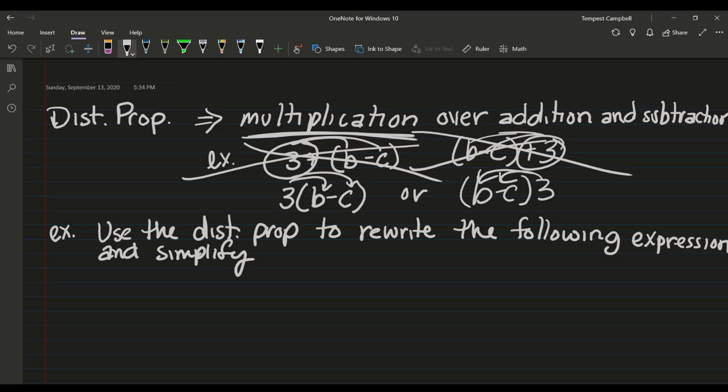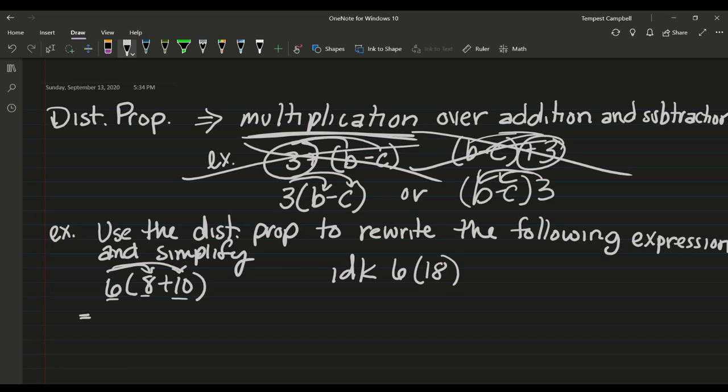Okay, so our example is going to be 6 times the quantity 8 plus 10. Yes, I know we can add 8 plus 10, but we are going to use the distributive property to solve this because I don't know what 6 times 18 is without using a calculator, but I can easily figure it out by using the distributive property.